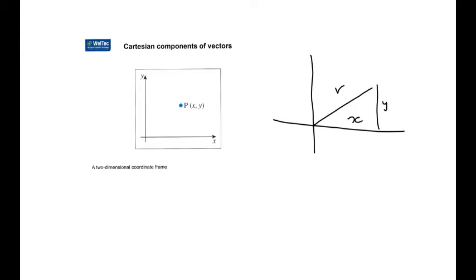We're going to call this AI, and we're going to call this BJ. Now I and J and K, if we're in 3D, are the unit vectors in the direction of the X, Y, and Z axes.